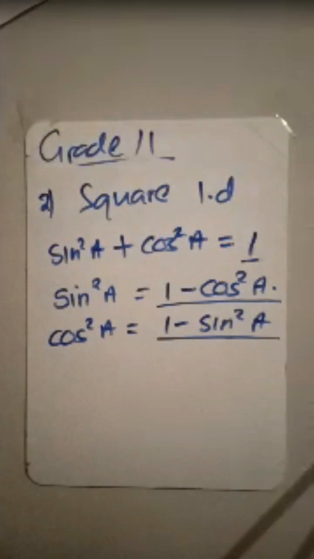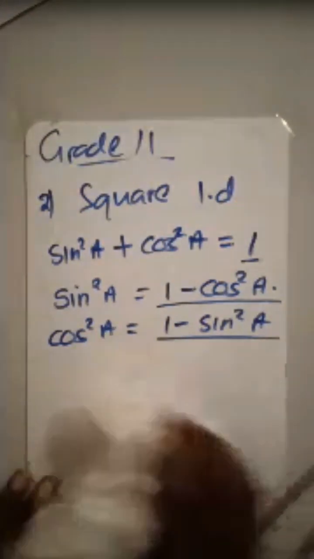Okay? So now I'm going to start with the compound angle identities. This is now grade 12. Compound angle identities. We have 4 compound identities.